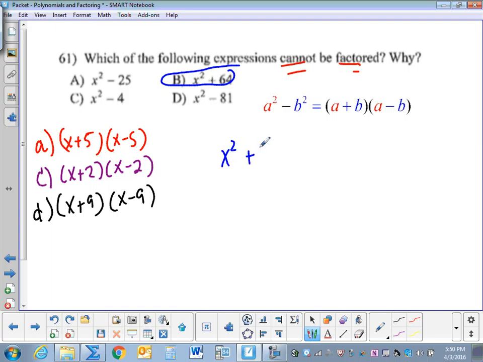x squared plus 64. All right, to get a factor, two things multiplied together to get x squared is x times x. To get 64 is 8.